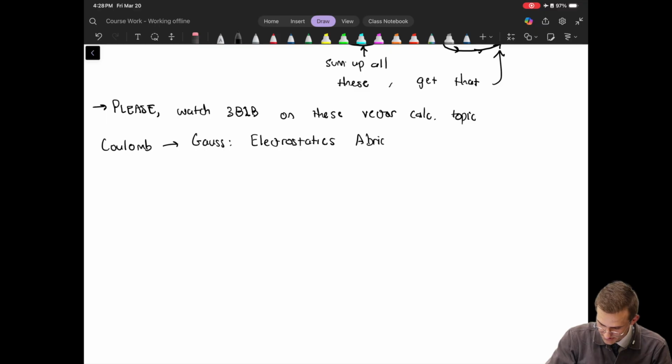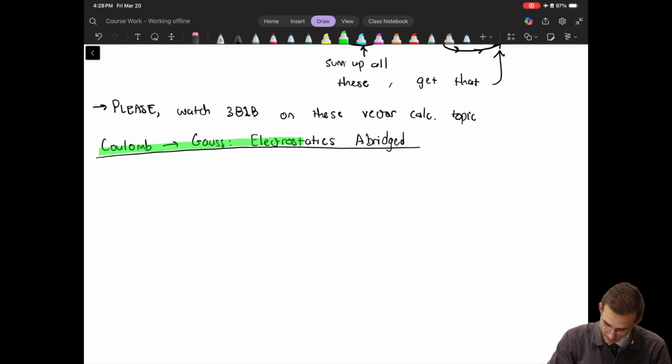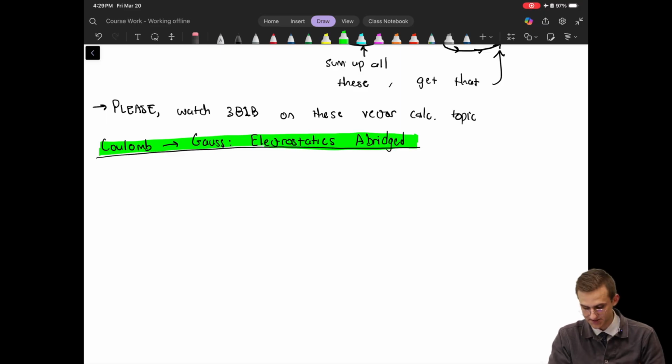We're going to start at Coulomb's law, and we're going to make our way to Gauss's law, which was the first of Maxwell's equations that I wrote down at the top of this lecture. It's basically an abridged run through electrostatics, which is to say, just charges that are kind of existing in space and just hanging there.